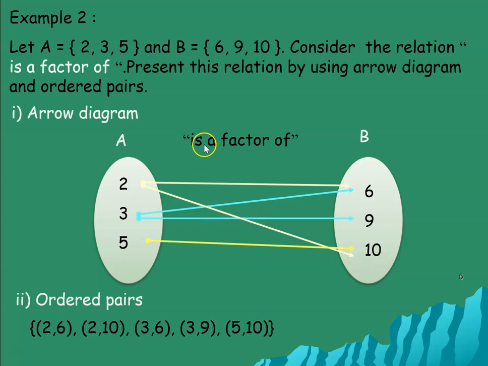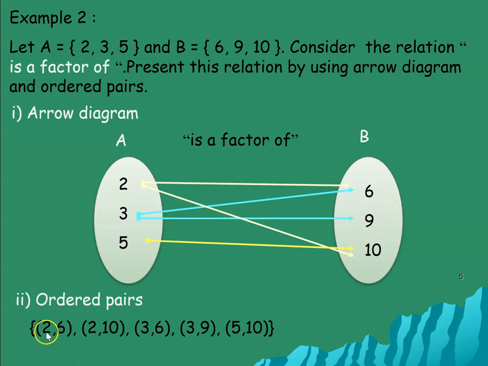So 2 is a factor of 6, and 2 is also a factor of 10. 3 is a factor of 6, 3 is also a factor of 9, and 5 is only a factor of 10. These are the relations that you have from this arrow diagram. From this arrow diagram, you can also write your relation using order pairs.